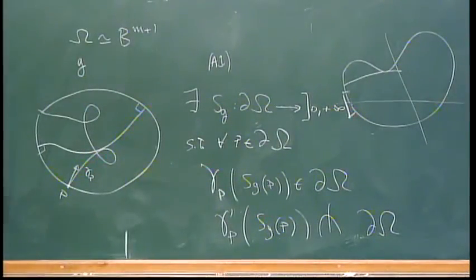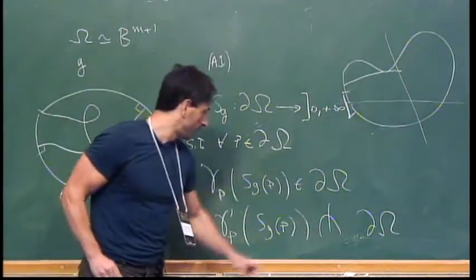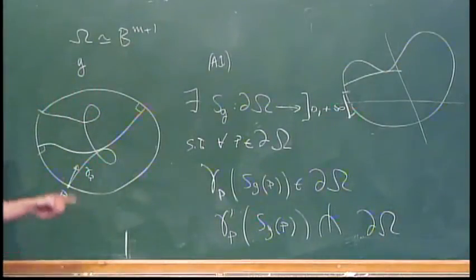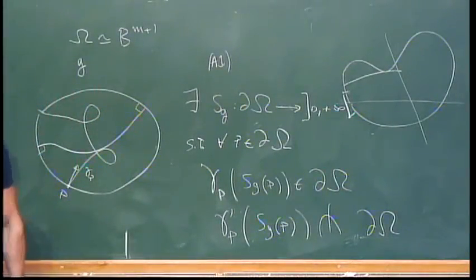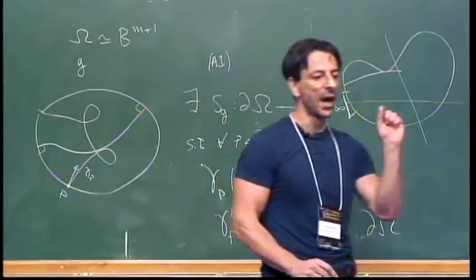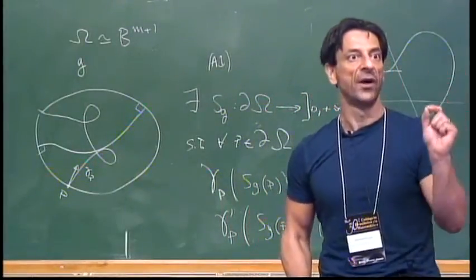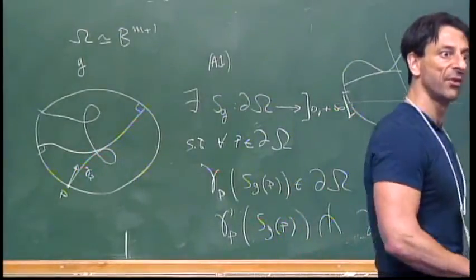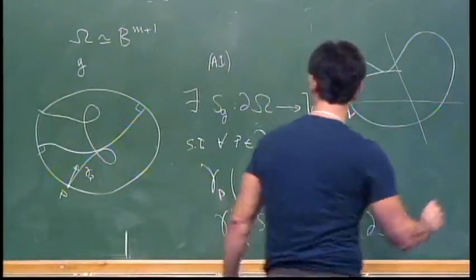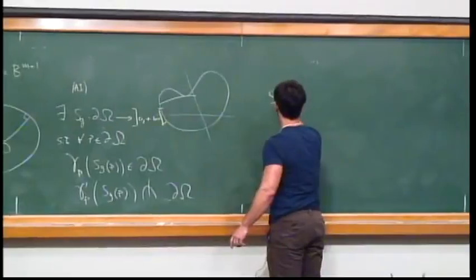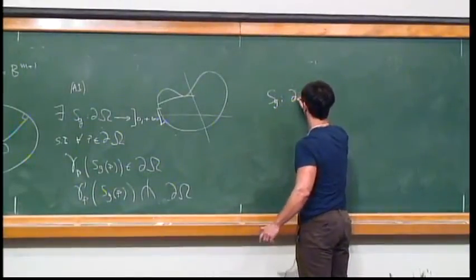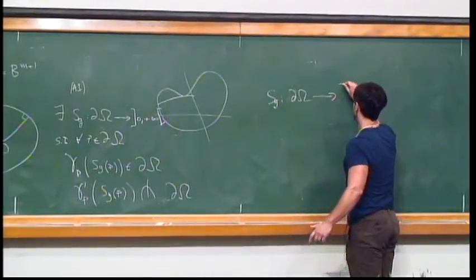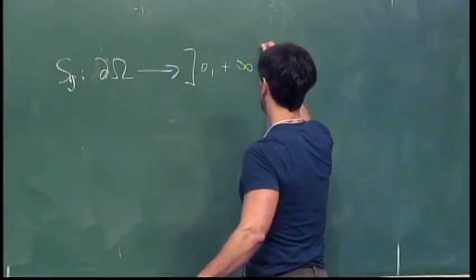The transversality assumption tells me immediately that this function has to be smooth. This function S, which is like a crossing time function, has to be smooth by transversality. So S_g from the boundary of omega to (0, +infinity) is smooth.